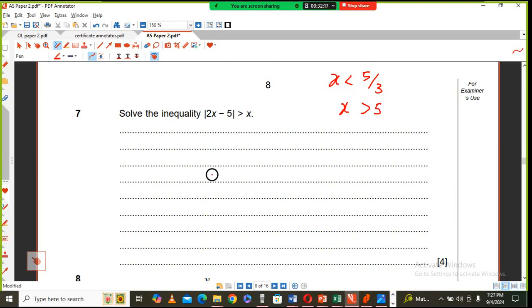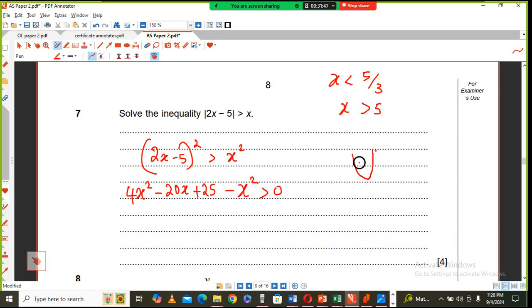Okay, so what do we do here? Step by step. Square both sides. So you have got 2x minus 5, you square that, and then work this out. So that's 2 times 5, which is 10, minus 20x plus 25.